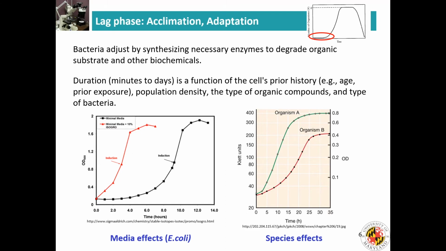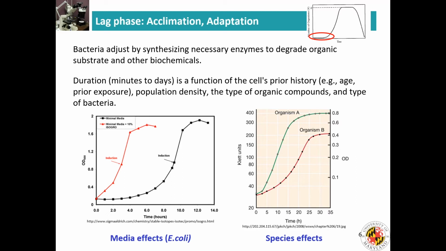How long this lag phase takes usually is a function of the history of these cells, like their age, how healthy they are, the density of the population, the substrate that is being provided, and also the type of bacteria that we have. On the left, these two graphs show the effect of two different media on one specific bacteria, which is a species of E.